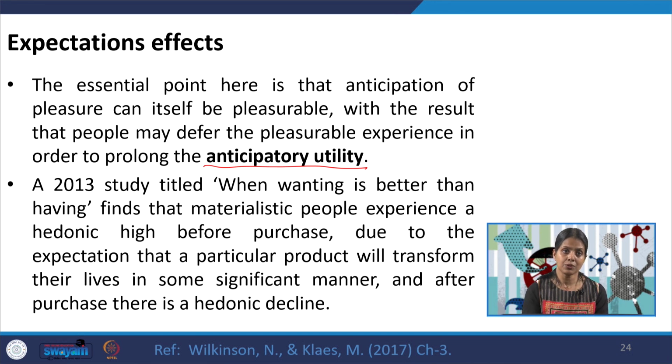So, those who are materialistic, in the sense of wanting to possess more and more things, probably tend to have a greater hedonic high before the purchase, but after the purchase you get accustomed to it. You see that nothing is going to change your life drastically. Maybe certain things make you happy for a few days, after that you get back to normalcy. That is why they tend to have a steeper hedonic decline.